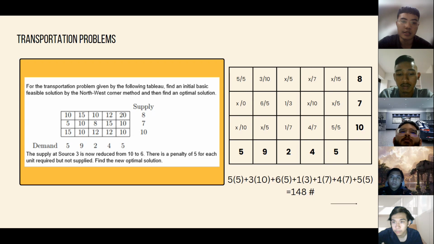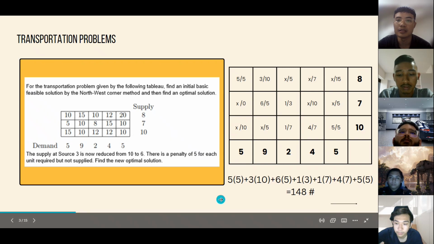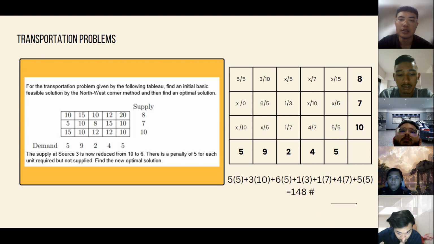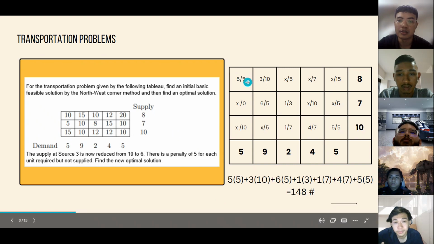So for each unit in the table, we reduce it by 5. You can see the table beside, which shows the overall calculations.